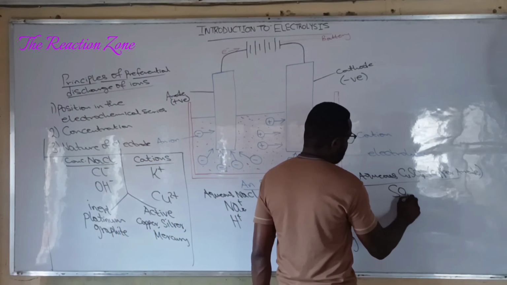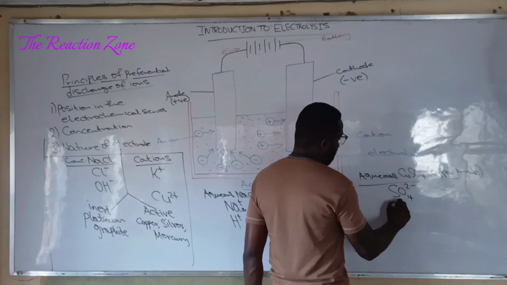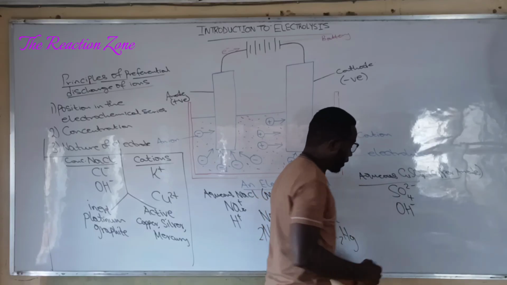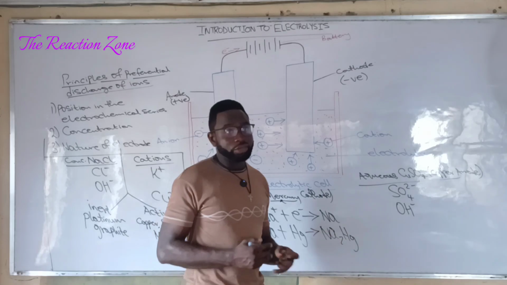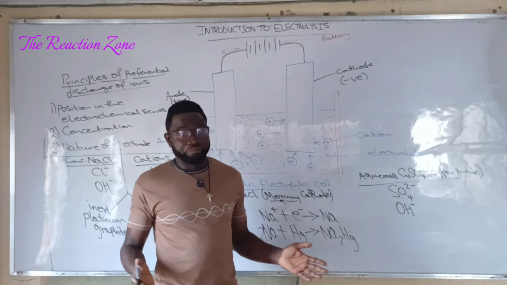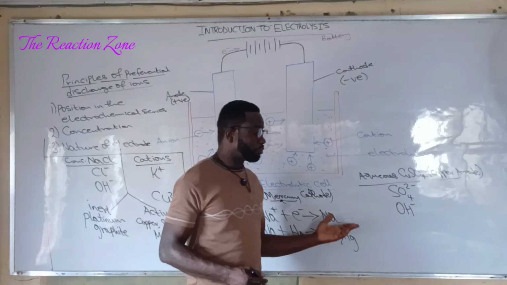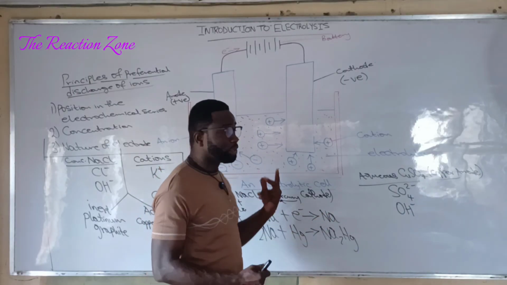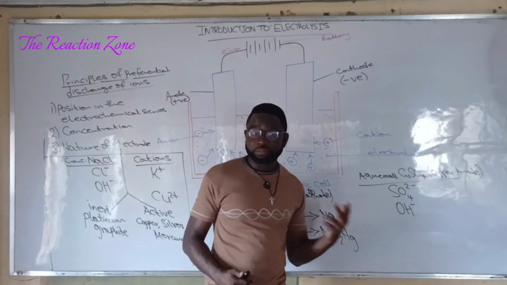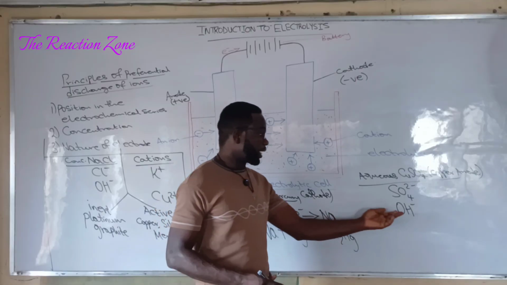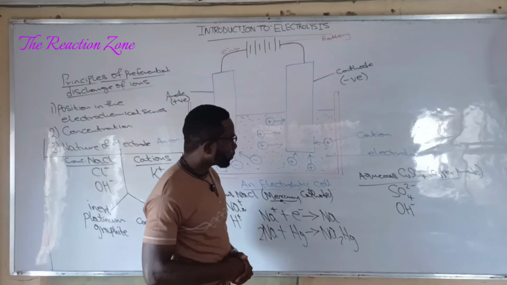You have sulfate ion as well as hydroxide ion. The hydroxide ion is from water because in electrolysis of an aqueous solution, water which is present also splits into hydrogen ion and hydroxide ion. So the hydroxide ion here is from water.